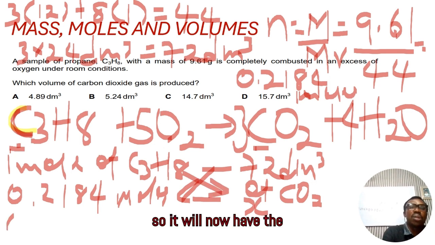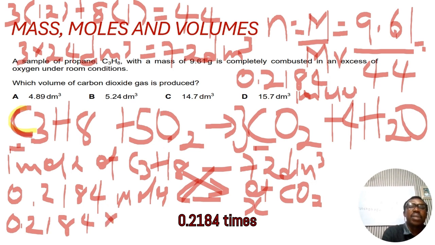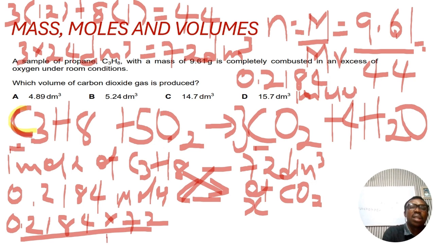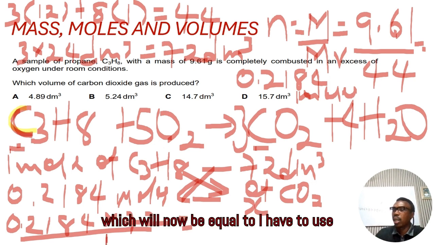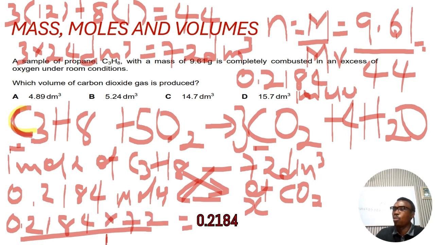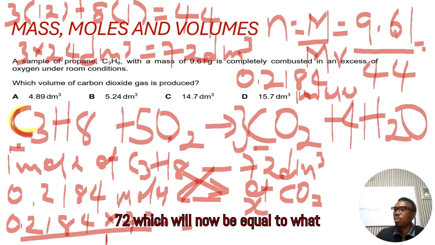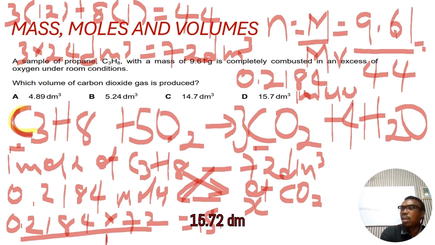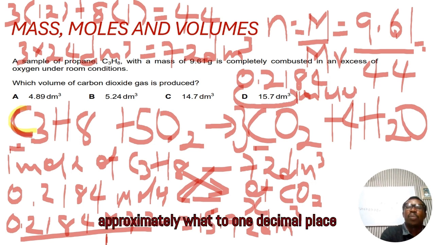So it will now be 0.2184 times 72 divided by 1, which I'll calculate on my calculator: 0.2184 times 72 is equal to 15.72 dm cube, which is approximately, to 1 decimal place, 15.7.